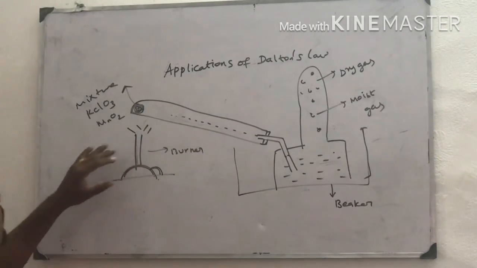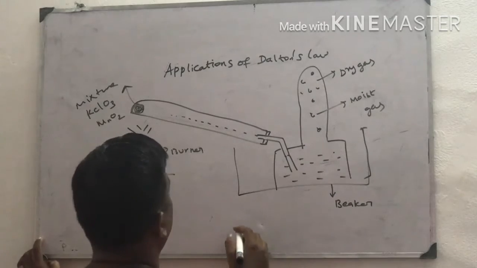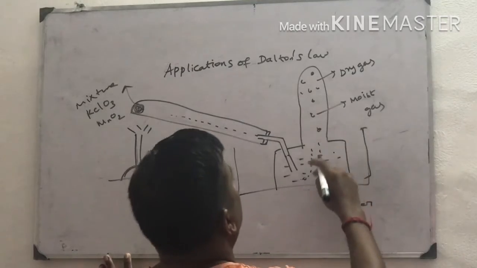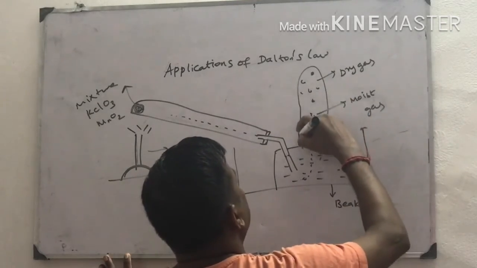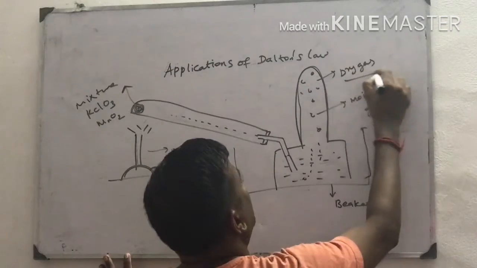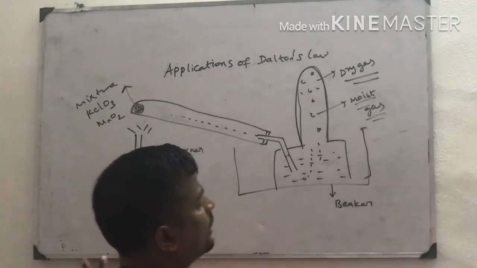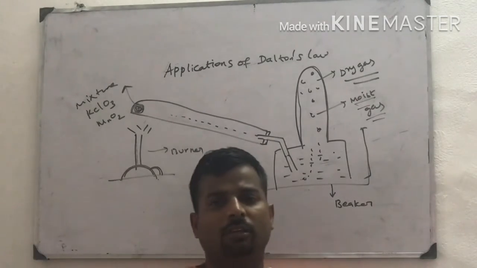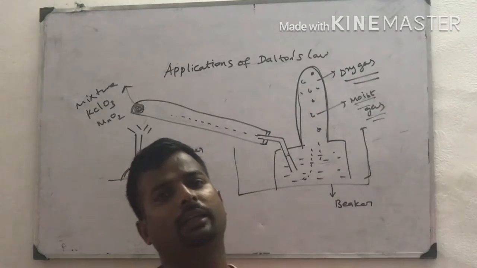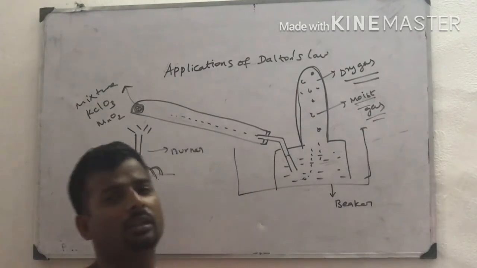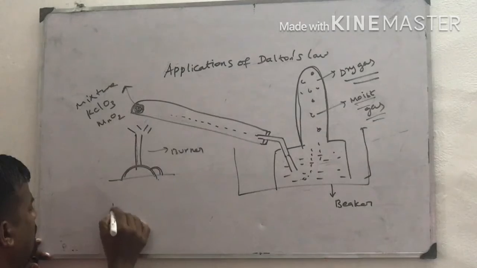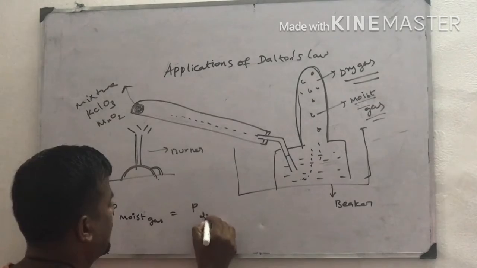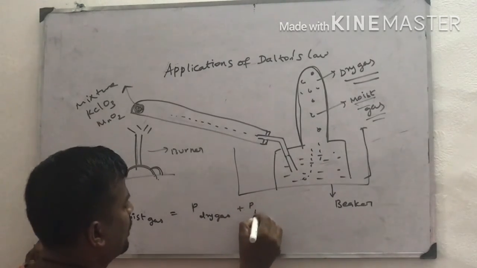When they are heated, it will give oxygen and other gases such as chlorine gas. It will reach the water and bubbles will come out, and at the top of the glass tube dry gases are formed. In the middle moist gases are formed. So the pressure of the moist gas is equal to the sum of the pressure of the dry gas and the water vapor. That is the thing he explained here. So P moist gas is equal to P dry gas plus P water vapor.